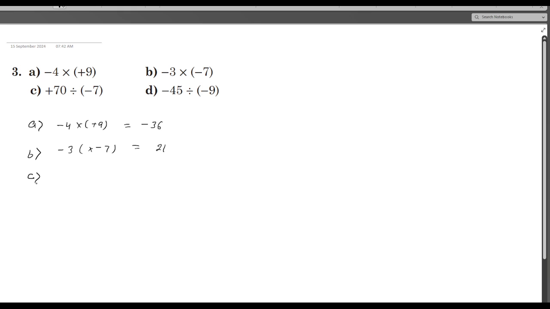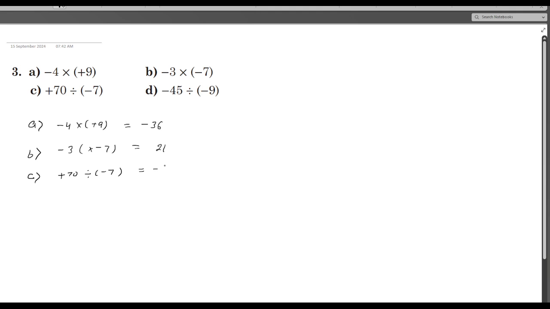C, it is 70 divided by minus 7. So one positive, one negative. As in multiplication, we have the product of one positive, one negative is negative. Similarly in division also, if one number is positive and the other is negative, the result is negative only.